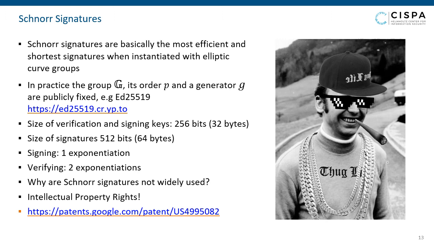So until 2008, if you wanted to use this scheme, you would have to pay him royalty fees. And of course, this is the best way to prevent any invention from being used or adapted in a standard: by patenting it and forcing companies that want to use it to pay you royalties.